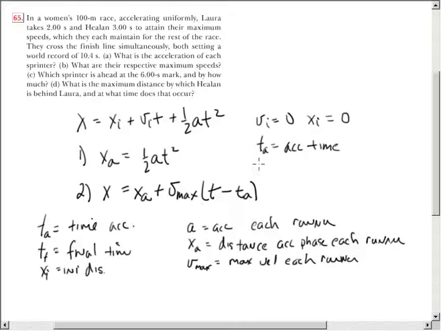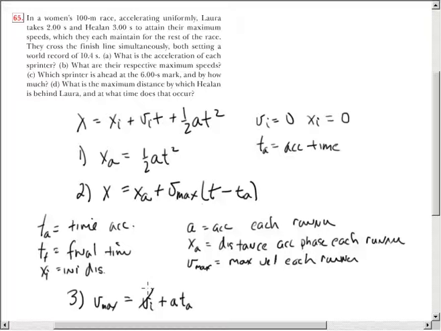There is a relation between the acceleration and the maximum velocity. Pause the video and write down your answer. That equation is the maximum velocity obtained will be equal to the initial velocity plus the acceleration times the acceleration phase.